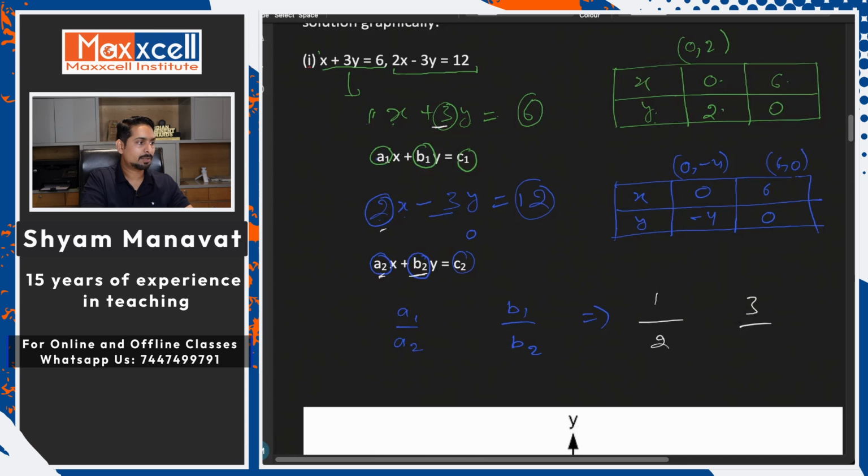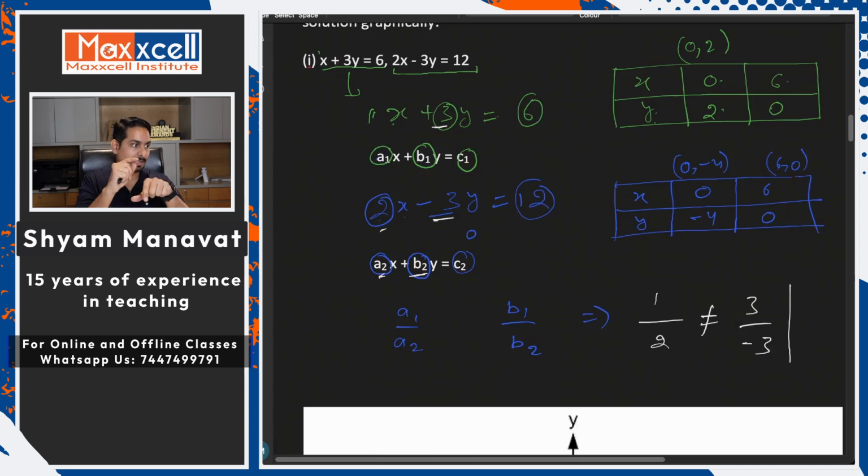And B2 here we got minus 3. So if you take the ratio here, the ratios are not equal. 1 upon 2 is not equal to 3 upon minus 3. That's how you understand that the slopes are not equal. If they are equal, that means the slopes of the equations are equal.